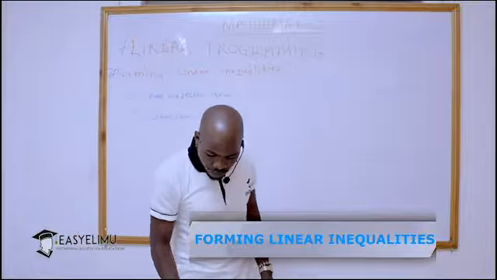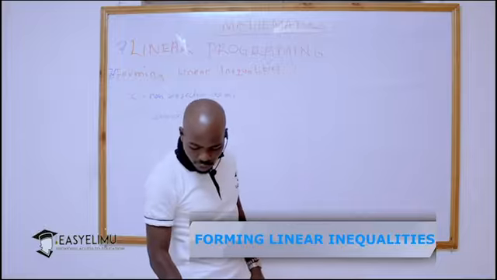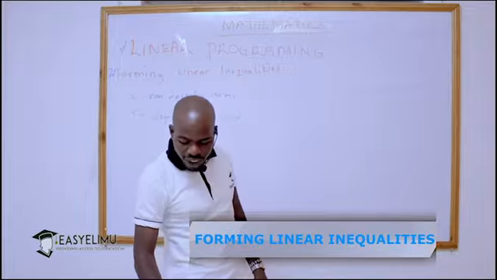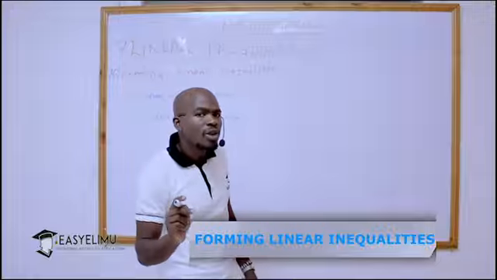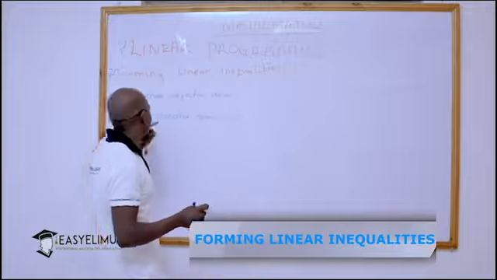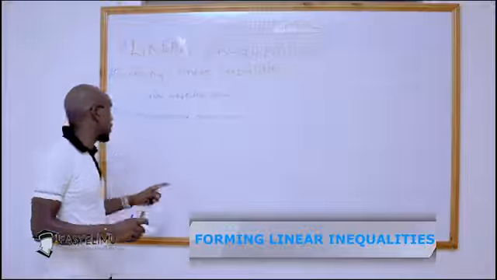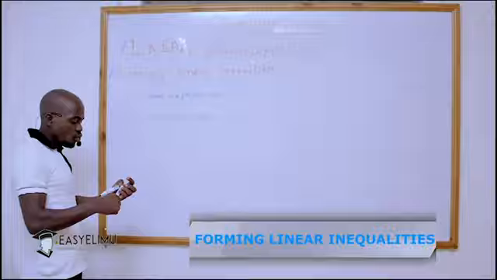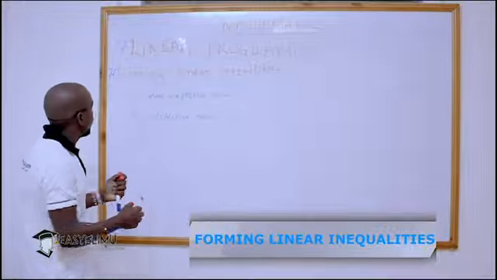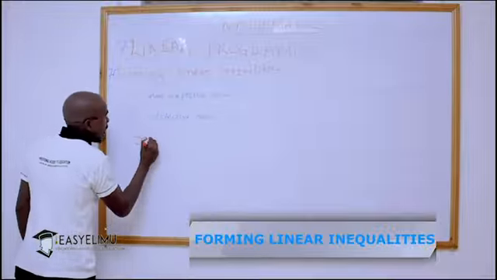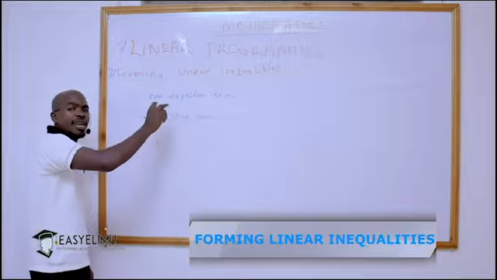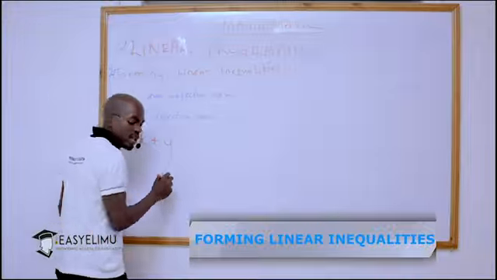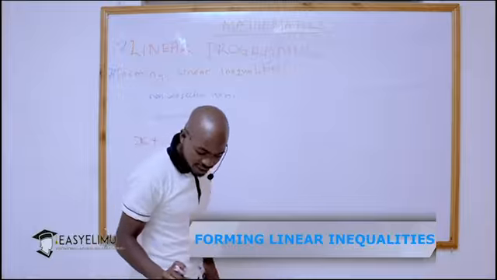To form the inequalities required, the first thing is to understand the question. They are saying a factory produces at most 400 items. If x are the non-defective items and y the defective items, then it means if we add the two, all the non-defective items plus the defective items, we should get, we are told, at most 400.